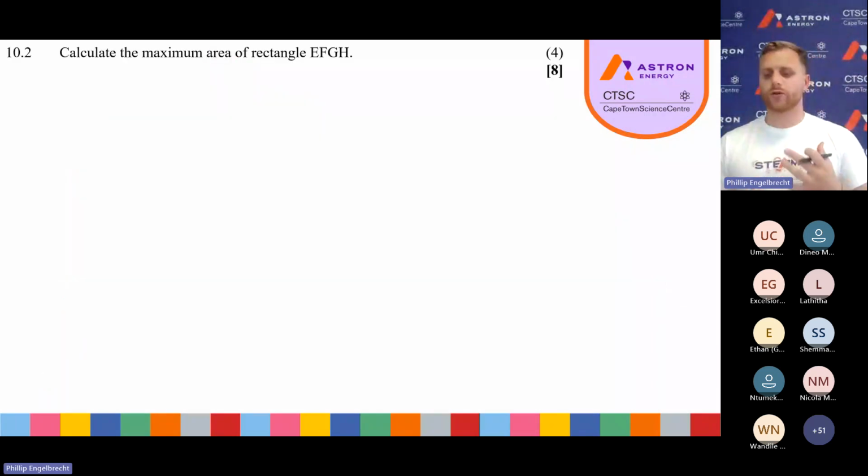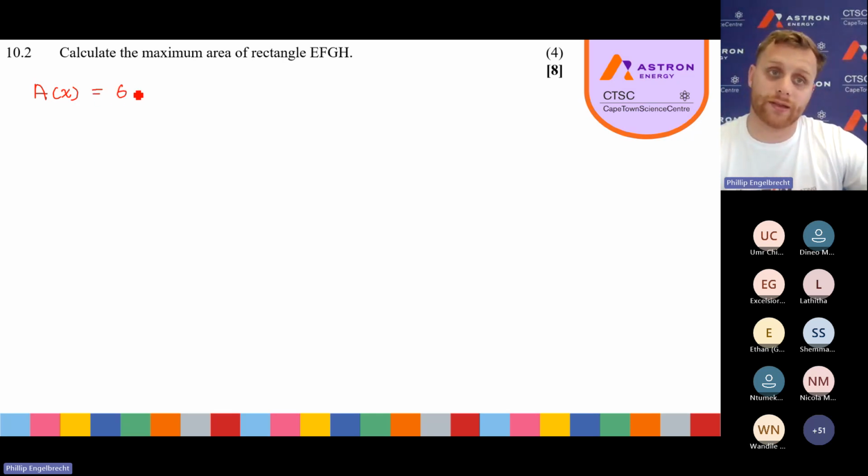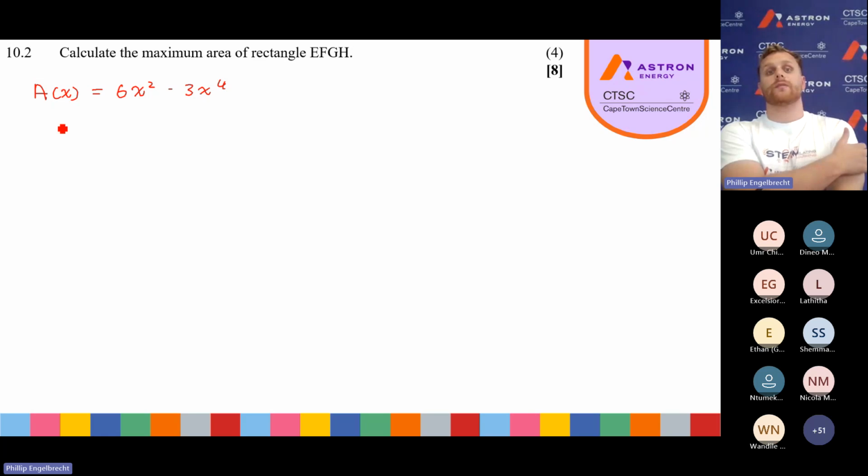So, now the question asks, determine the maximum area for the rectangle. So, what do I know? I firstly know that the area of my rectangle, as they stated to us in the previous question, is 6x squared minus 3x to the power of 4. All right? So, therefore, we have to find the maximum area.